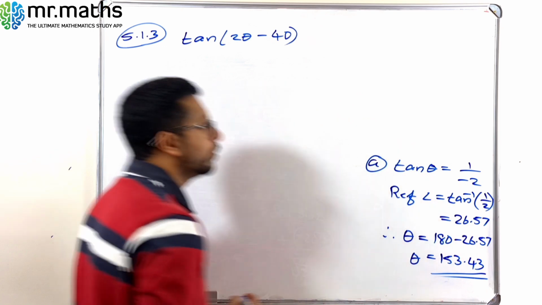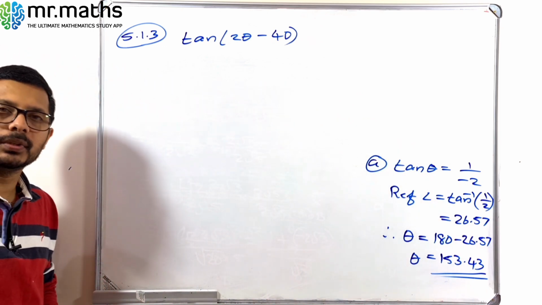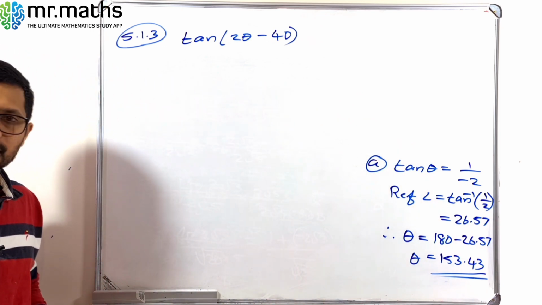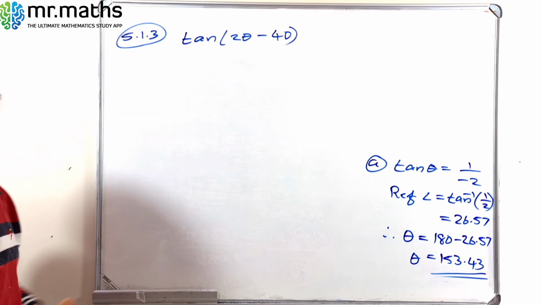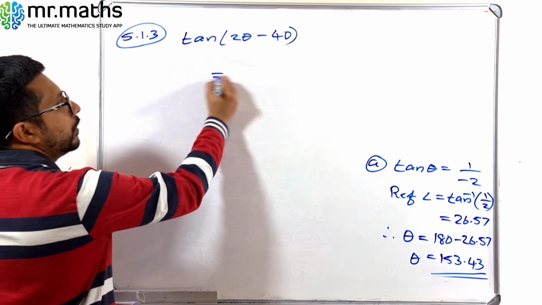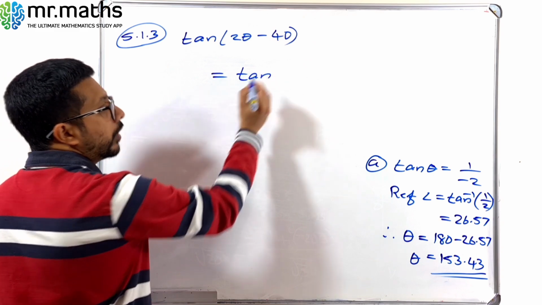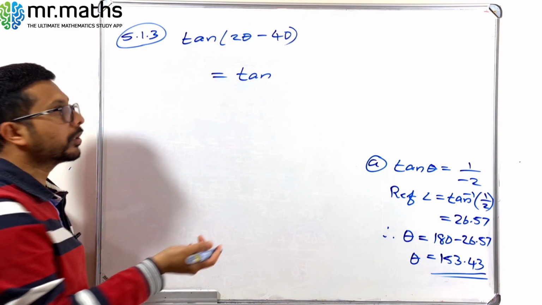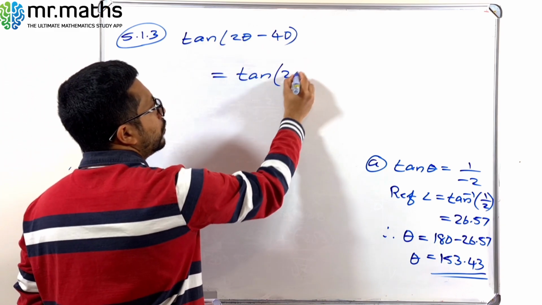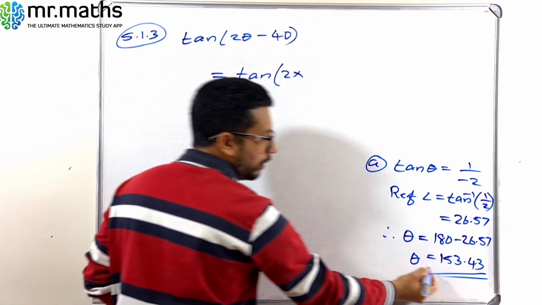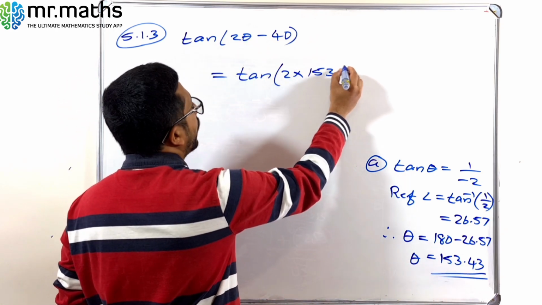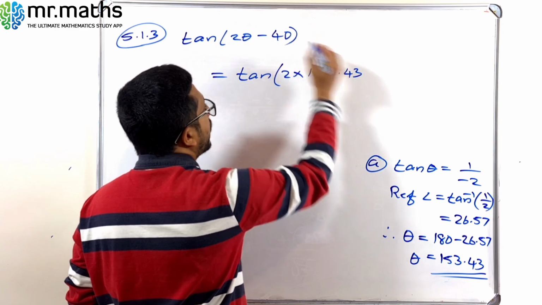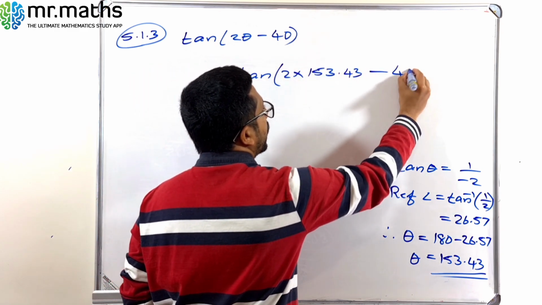So it means that the value of theta is 153.43. Now you have to find the answer of this one. So how can you find it? Now it's very simple. Tan of, you are allowed to use a calculator. So tan of 2 times theta, 153.43, then minus 40.